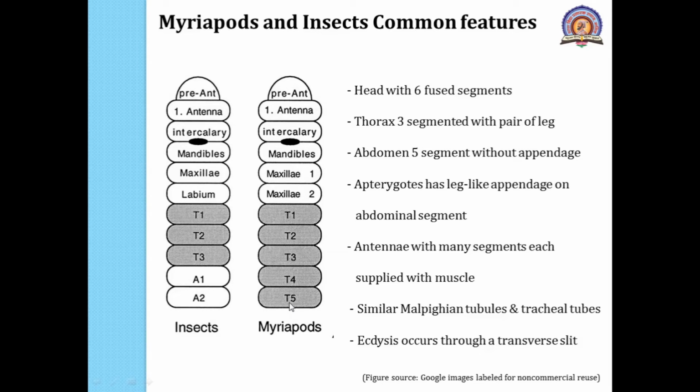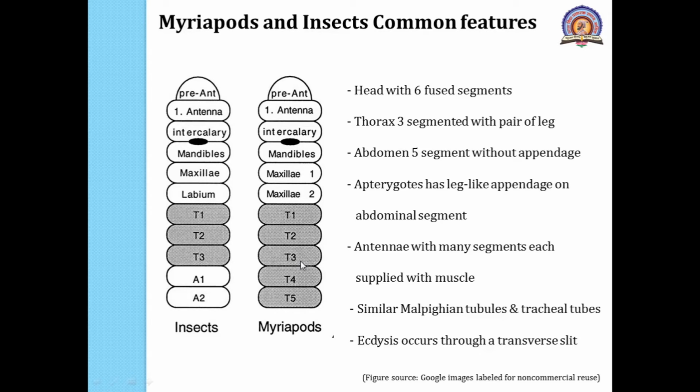Then the thorax of the insect is generally provided with 3 pairs of legs, which is also seen in the early embryonic stages of these myriapods. These legs are well evident on the first 3 trunk segments, that is T1, T2, T3.